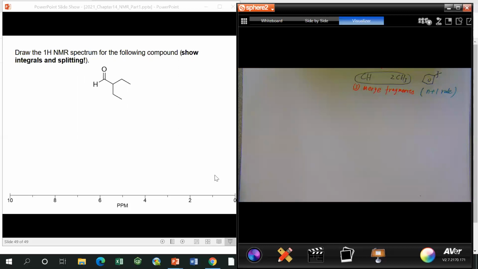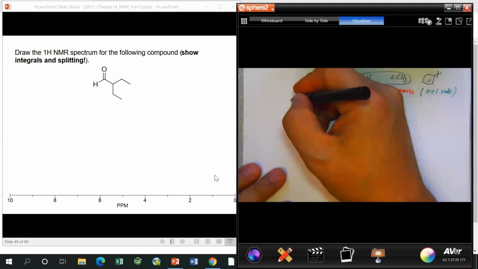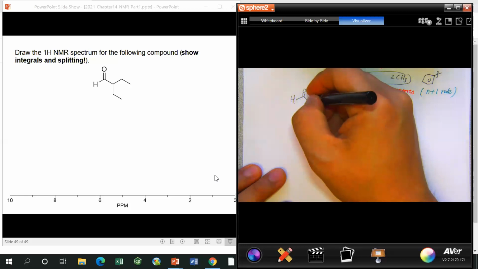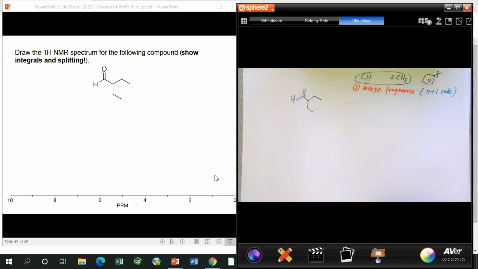For this kind of question, how do we resolve it? The first thing you need to do is figure out how many signals you should see for this molecule, how many proton signals. We have this aldehyde.